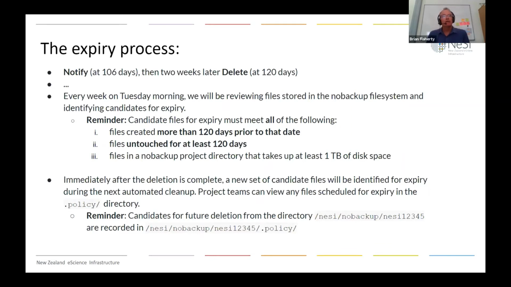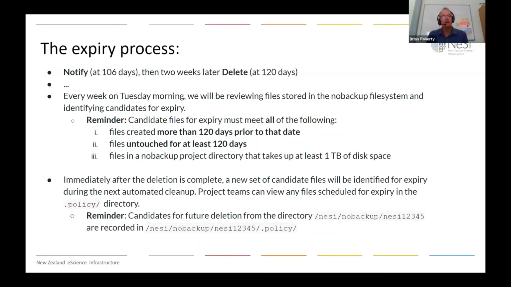Again, just to reiterate, starting from today, every Tuesday morning, 2 weeks after the first notification has gone out, we'll be reviewing files in the no backup file system, and if they meet those criteria, then they will be deleted.